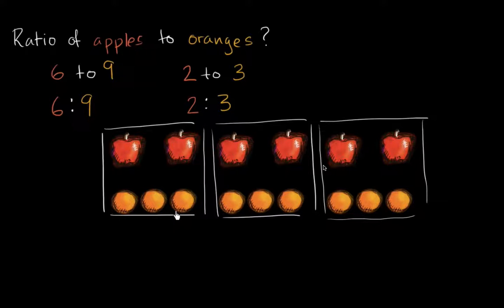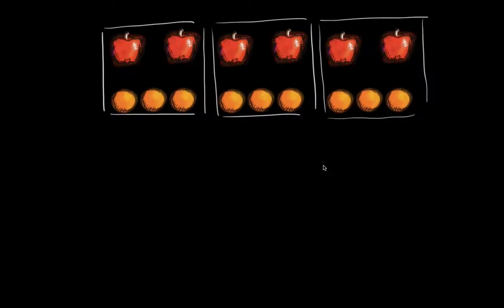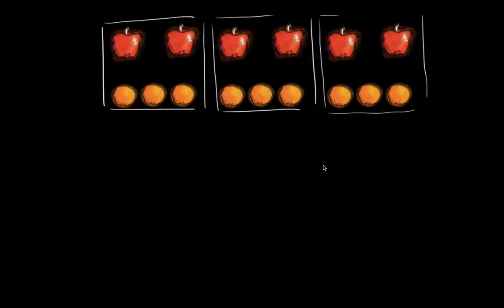But we could think about things the other way around as well. We could also think about what is the ratio of oranges to apples. And here we would essentially switch the numbers.